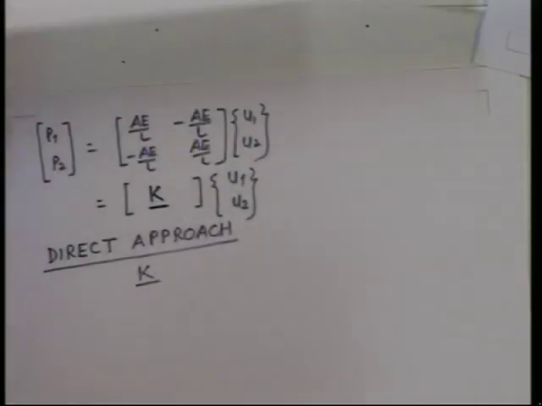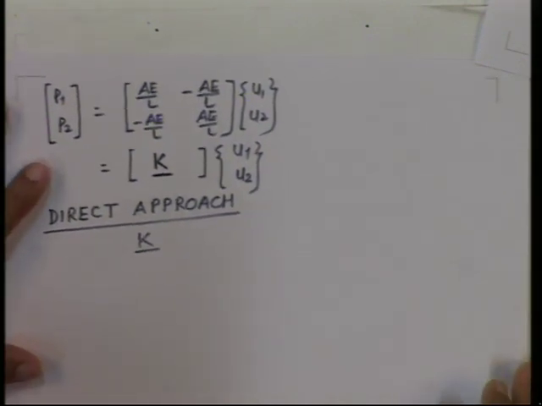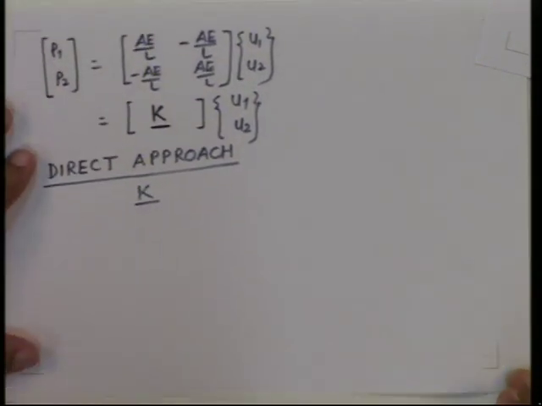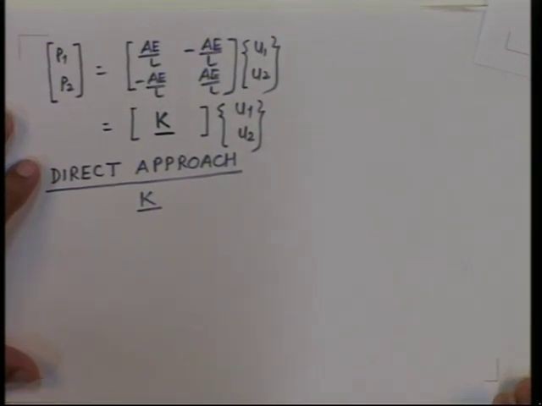So, for this problem we have now learnt that yes, there is a direct approach also, and there is a weighted residual approach, and third approach is minimum potential energy principle. So, that I think is not necessary in this course. Okay, so this is because basically I want to show you the basic concepts. So, this is the stiffness property of the rod.